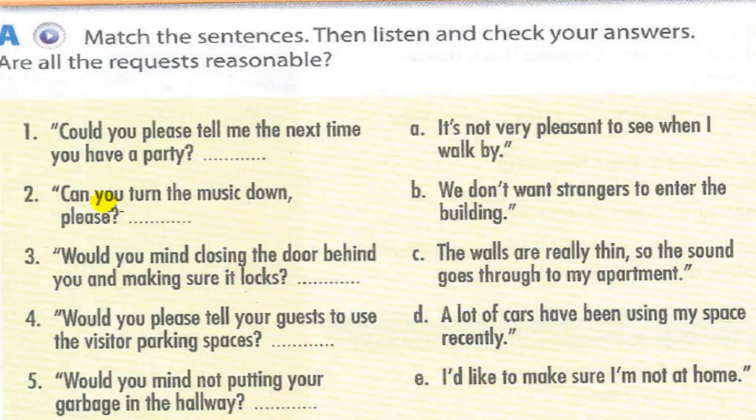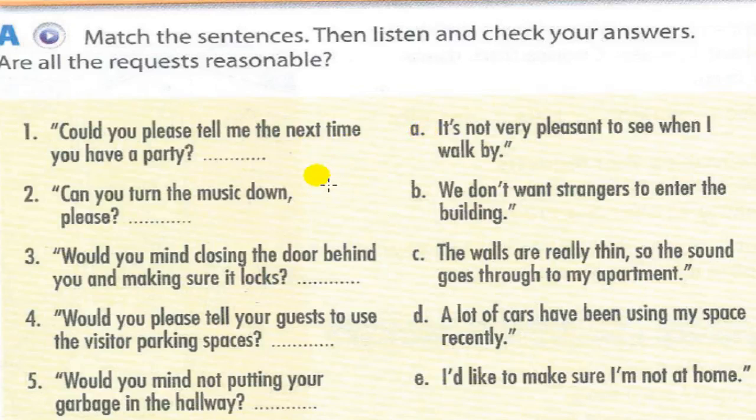The walls are really thin, so the sound goes through to my apartment. 3. Would you mind closing the door behind you and making sure it locks? We don't want strangers to enter the building. 4. Would you please tell your guests to use the visitor parking spaces? A lot of cars have been using my space recently. 5. Would you mind not putting your garbage in the hallway? It's not very pleasant to see when I walk by.